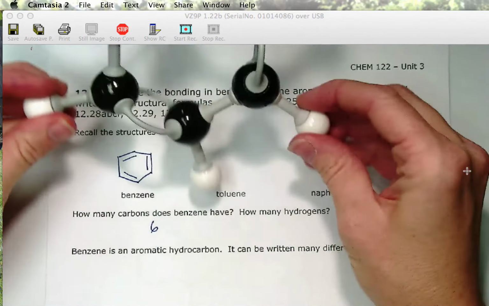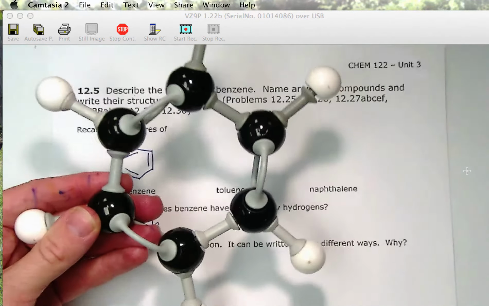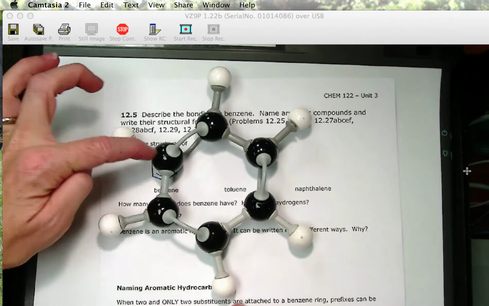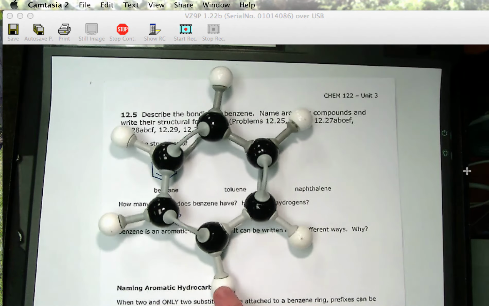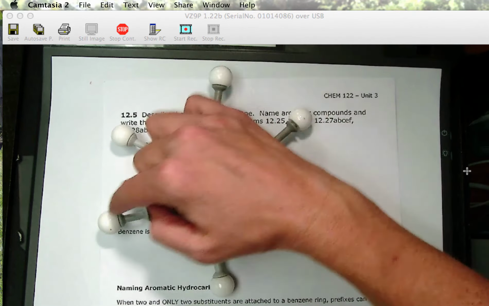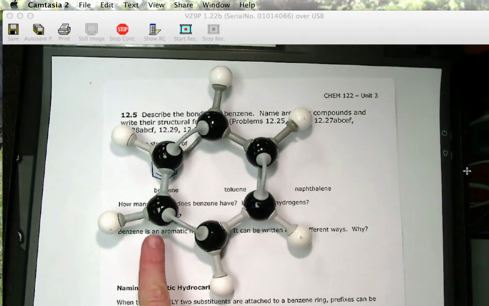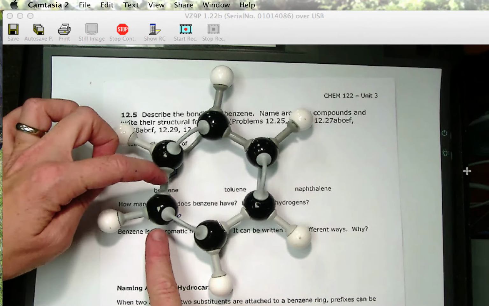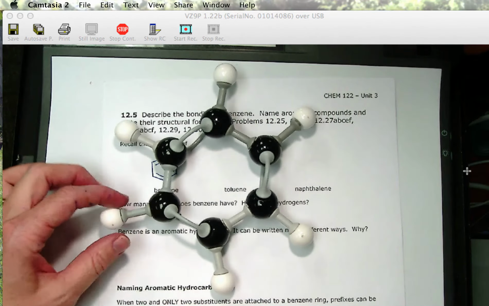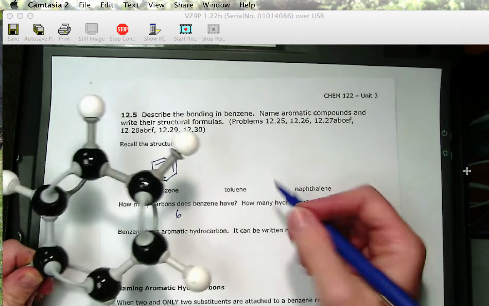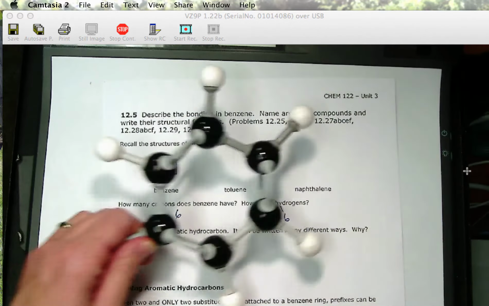That is benzene. It has 6 carbons, 6 hydrogens. 1, 2, 3, 4, 5, 6. And that's because on each carbon there are 3 bonds already in place, and then 1 hydrogen coming off. So it has 6 hydrogens.